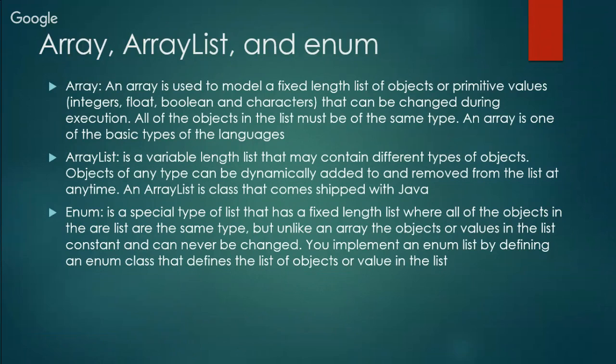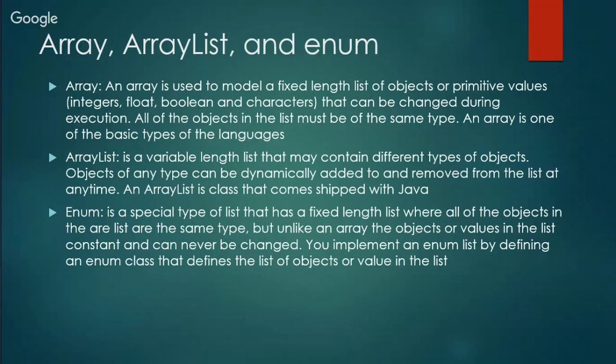In the case of an array list, it's a variable length list that may contain different types of objects. Objects of any type can be dynamically added to and removed from the list at any time. An array list is a class that comes shipped with Java.